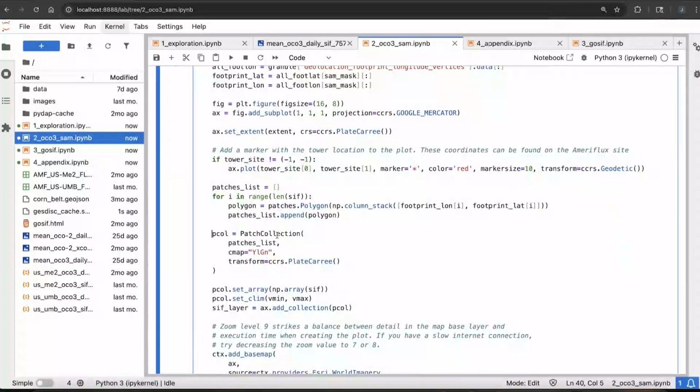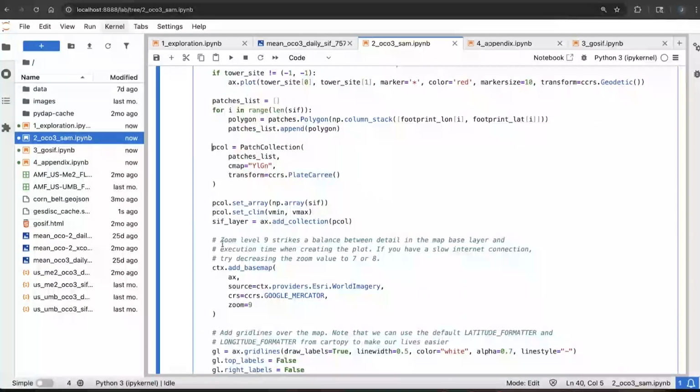Another point that we'll add is satellite imagery base map using the contextily module. For the scale of this plot, I've used a zoom level of 9, which I think strikes a good balance between the detail of the satellite data versus the amount of data that's required to actually display the plot.